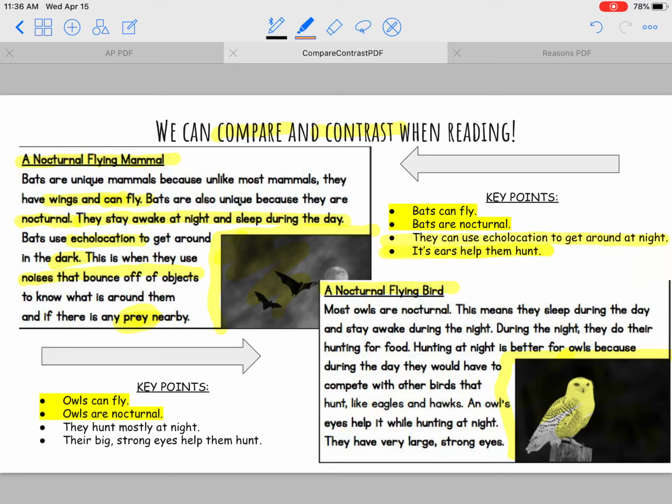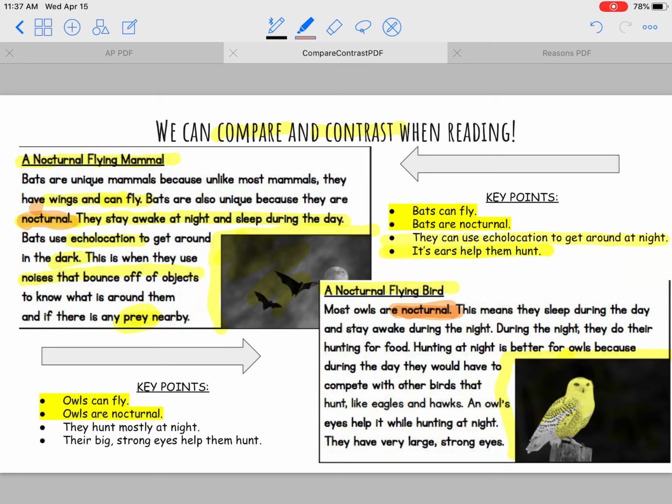So if I think about this passage, I can already pull out a few things that are similar, ways that I can compare. So I also learned that owls are nocturnal. So I'm going to go up and highlight orange on both of these because that is one way that these are similar. It also tells me again the definition of nocturnal, which means they sleep during the day and stay awake at night.